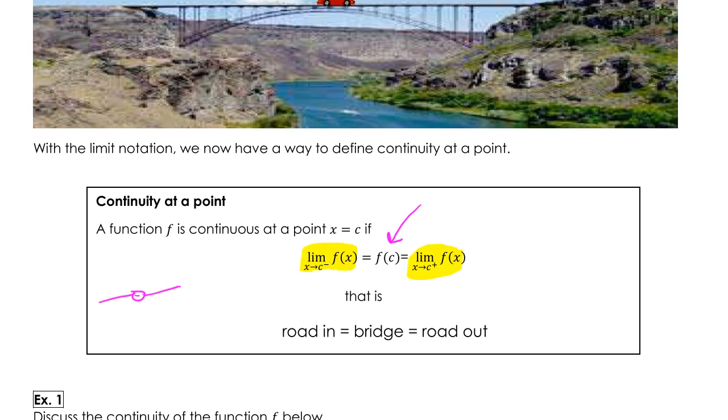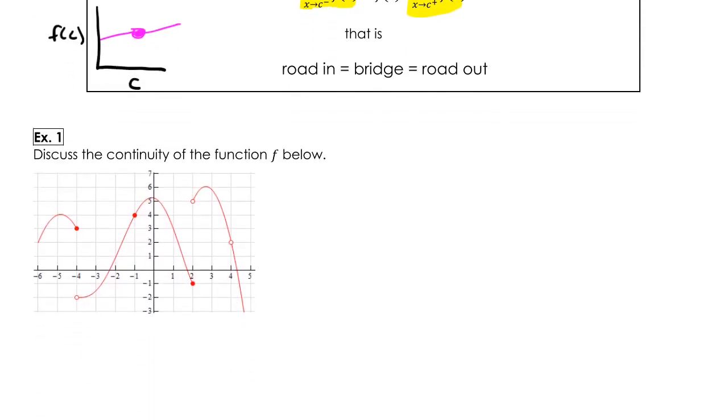That has to be filled in. That's really what this is saying. So if this was a graph, if this was c, we're saying the limit from the left and the limit from the right has to equal the output. Road in, road out equals the bridge. Okay, so that is what we're looking at when we're dealing with continuity.